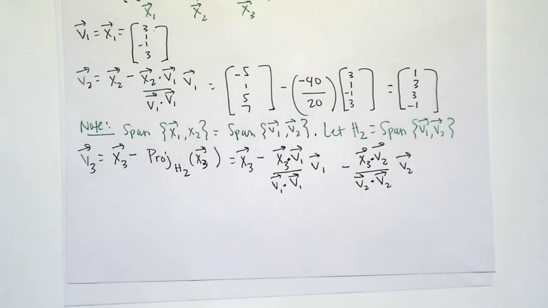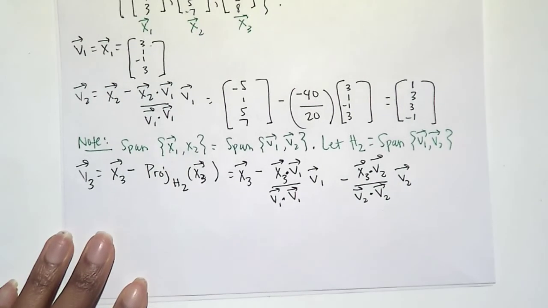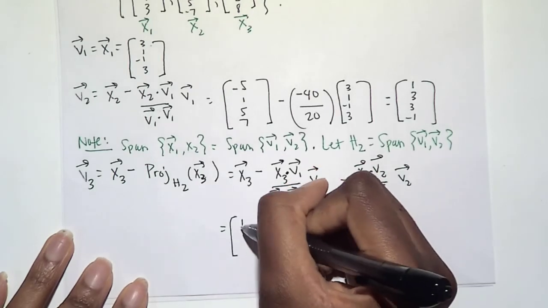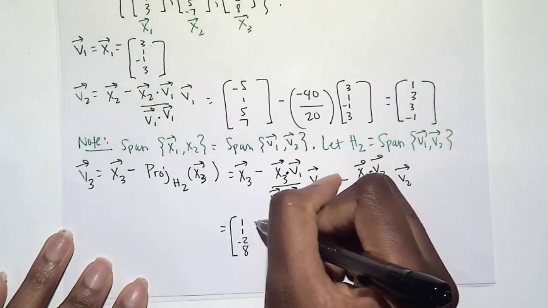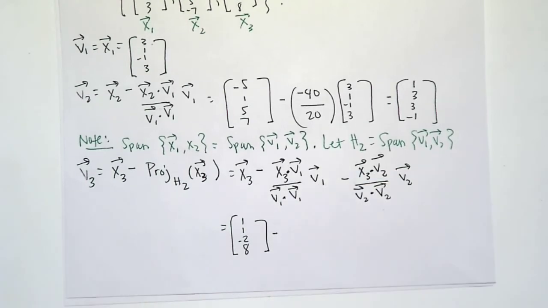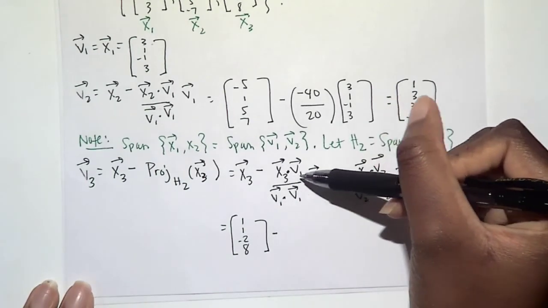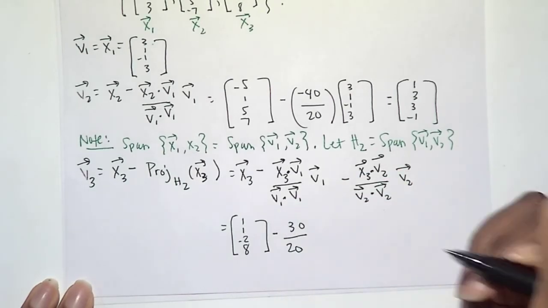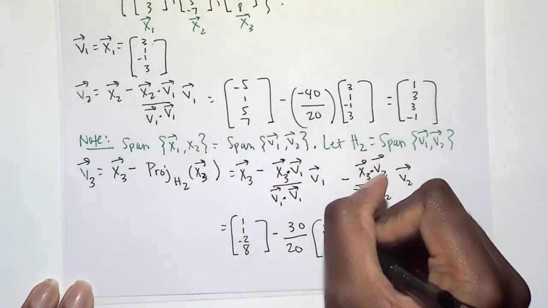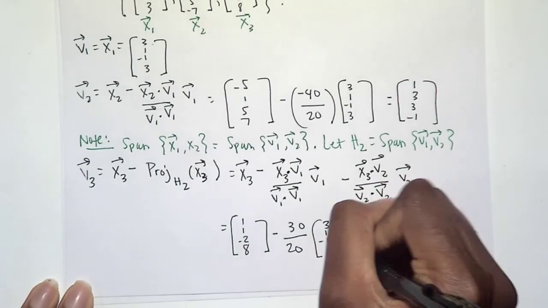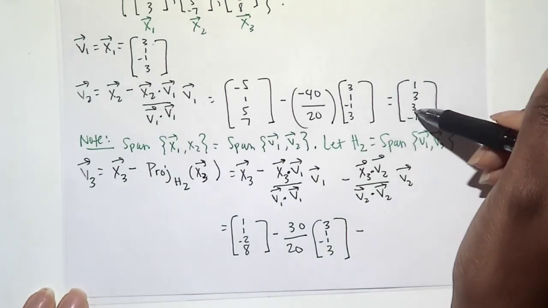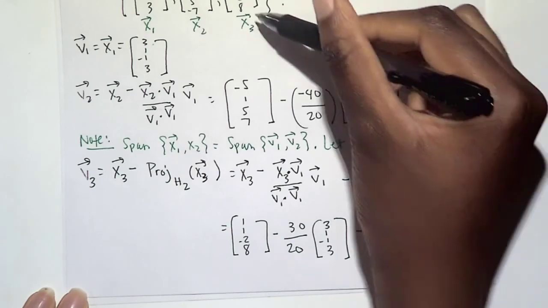All right, now we just use our vectors. So first we need our x3, which is 1, 1, negative 2, 8, minus, we need our dot product here, that's 30, over 20, times v1, minus, then we need our dot product here with the last one.